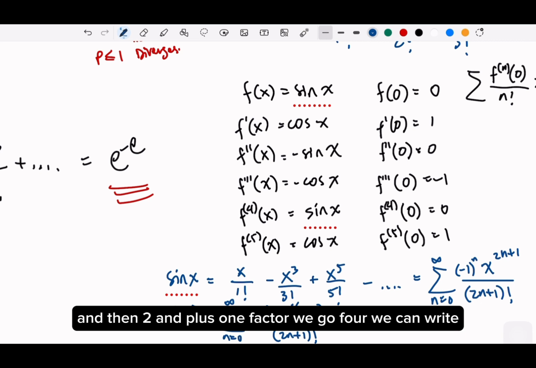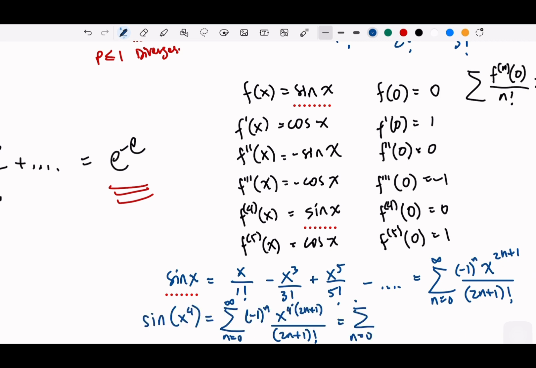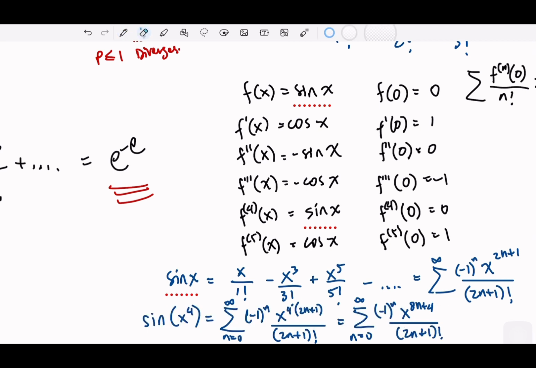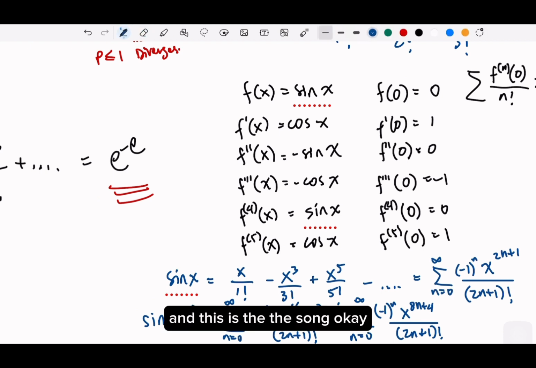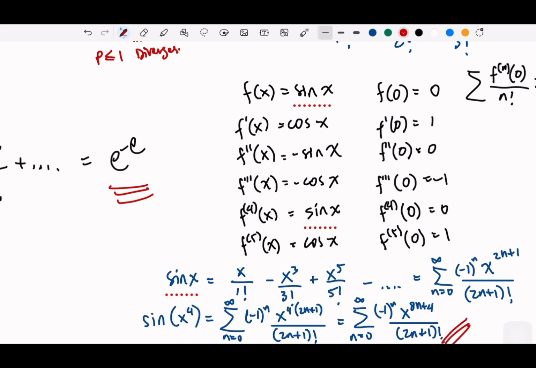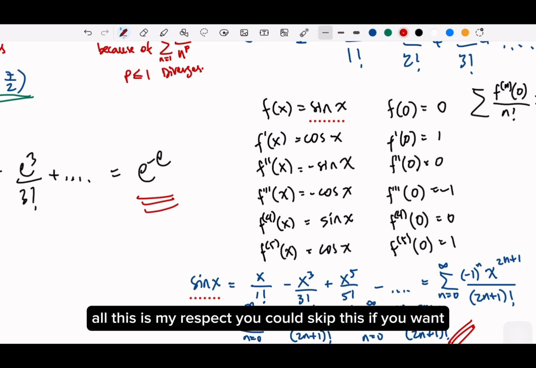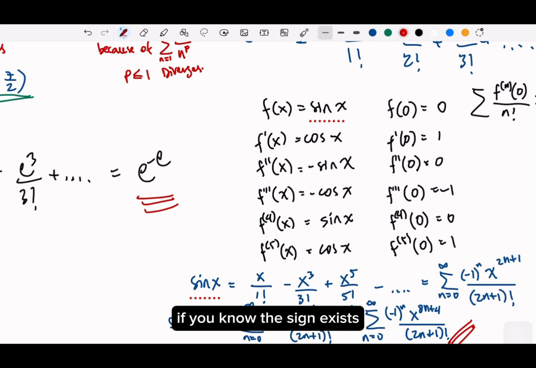Or we can write x to the 8n plus 4 over 2n plus 1 factorial. And this is the sum. All this is the Maclaurin steps. You could skip this if you know sine x is this, so you just change the x with x to the power of 4.